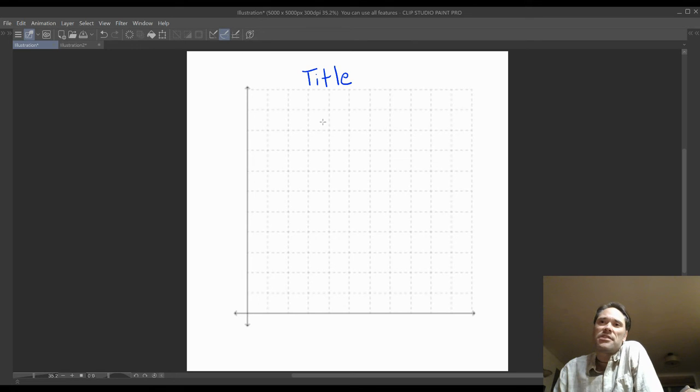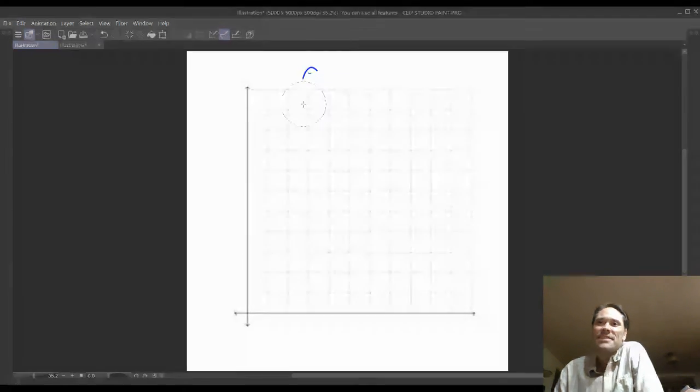What would make a good title? I've been teaching this long enough that I've noticed that some of my students like to title their graph Graph. This, I'm afraid, is what I would consider a very bad title. It doesn't tell you anything about what's going on. Yes, it's a graph, but what's going on inside of it? It's like naming a book. And no offense, but that's not a great title for a book.